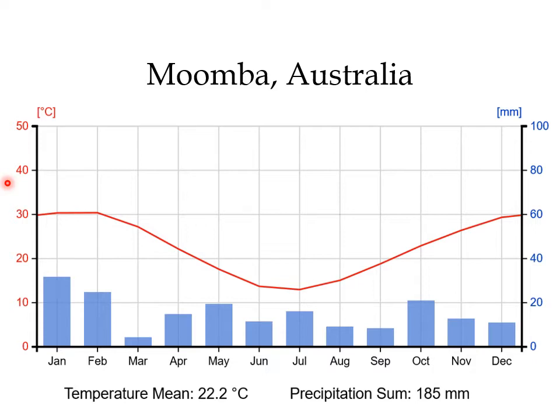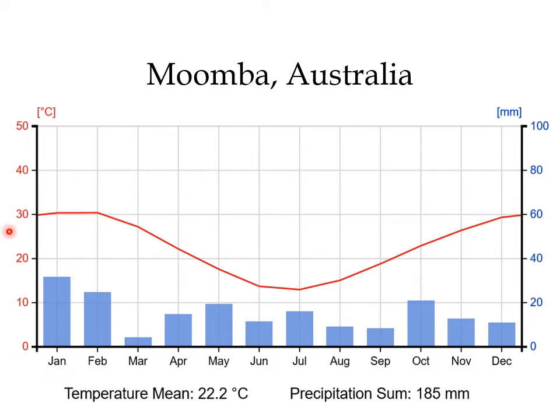We can also notice how the curve of the temperatures is opposite to the one we are used to, because the lowest point is in July and June, and the highest point is in December, January, and February.